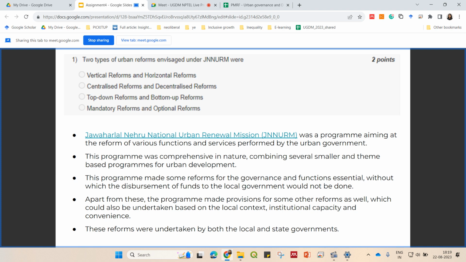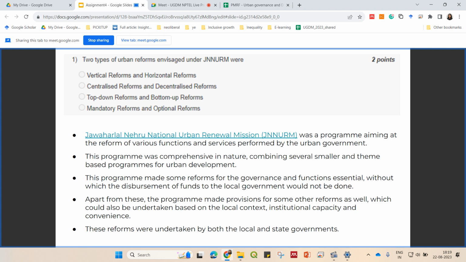Bottom up reform, on the other hand, is something which is initiated by an organization or a body at the local level, and they communicate their needs and their vision for that reform, and then that is facilitated with the leadership of the bottom organization but the support of the top organization as well.